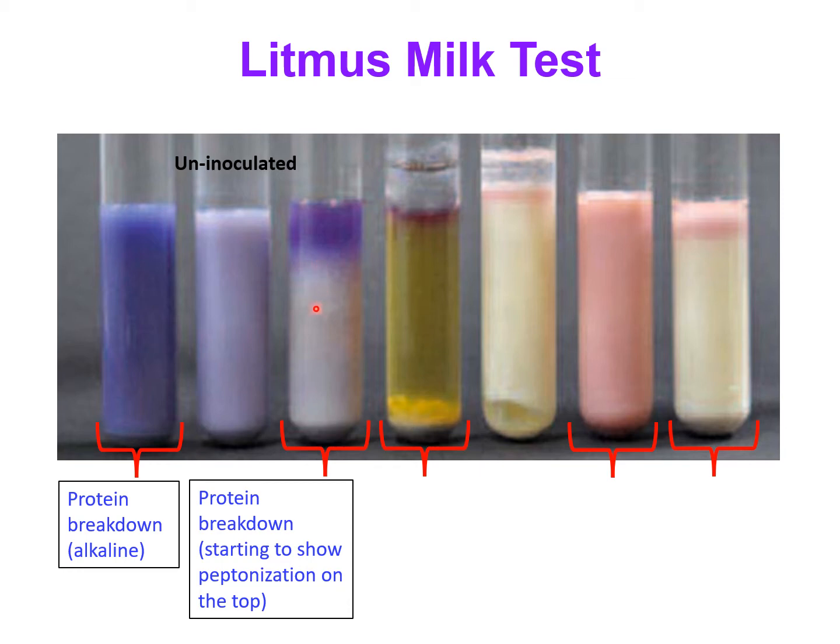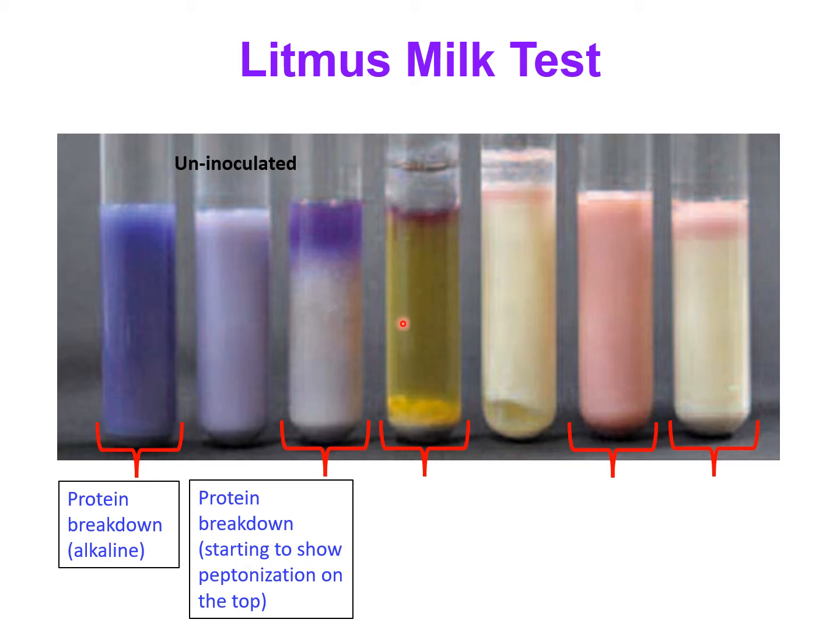And also when you see this kind of litmus reduction at the bottom, this is telling you that your bacteria is actually starting to break down the protein even further, and it's also an indicative that peptonization is taking place, right?